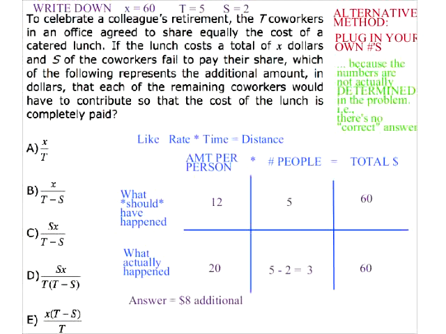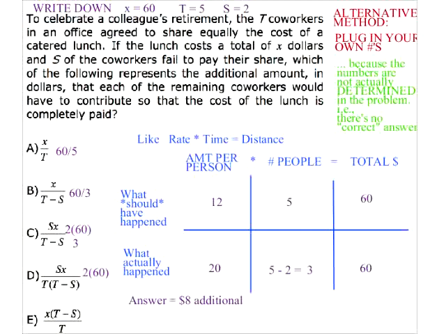If we plug into the choices, x over t is 60 over 5. This is not correct. This is 60 over 2. That's 60 over 3. That's not correct. This is 2 times 60 over 3. That doesn't work.